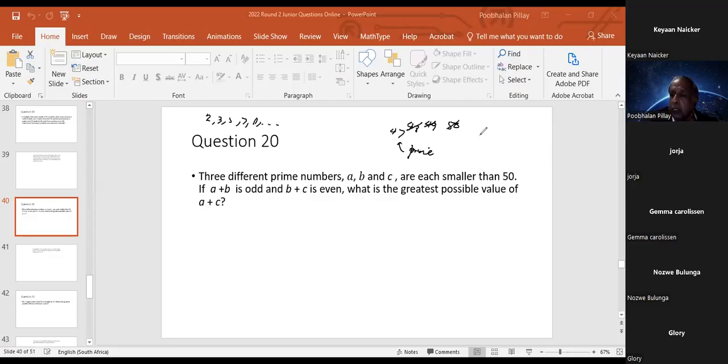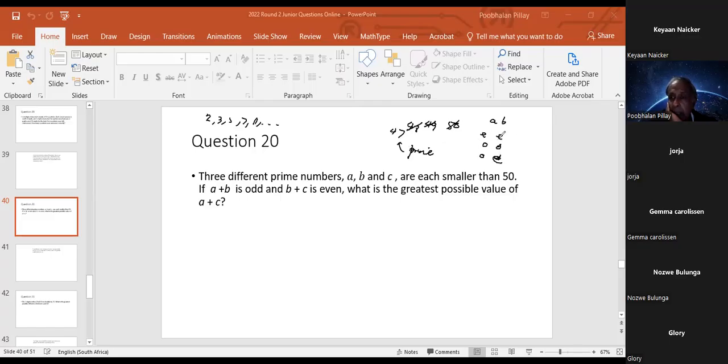Now, when you add 2 numbers and the answer is odd, you can make a conclusion about the numbers. If you got 2 numbers, A and B, they could be even and even, or odd and odd, or odd and even. One of them is odd, one of them is even.